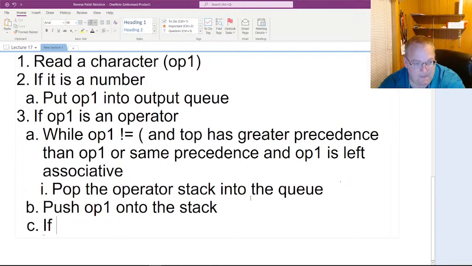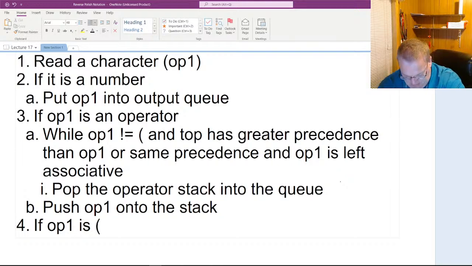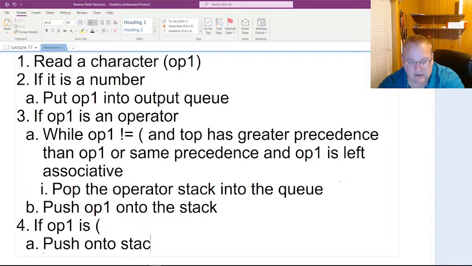If op1 is a left parenthesis, push onto stack.